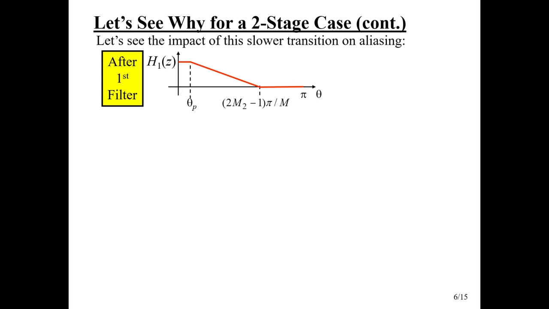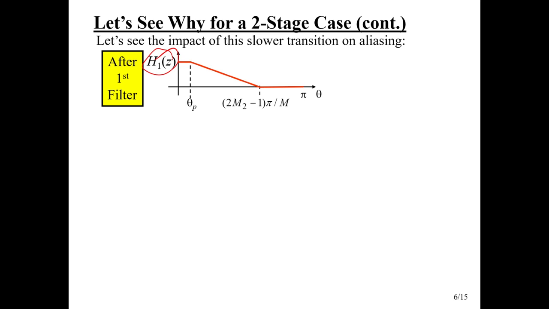So here's after the first filter. Now listen carefully. I'm going to show everything in terms of filter. Technically this shouldn't be z, that should be theta, and really, technically, it should be magnitude. So I'm getting a little loose with my labels here, but you get the idea. I can think of this as the filter, but for the purpose of visualization, imagine that the signal going in is just nice and flat over its entire spectrum.